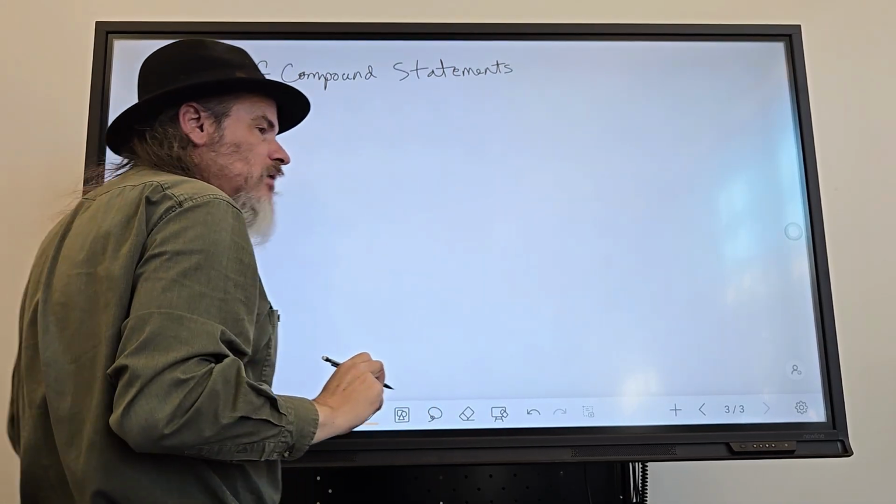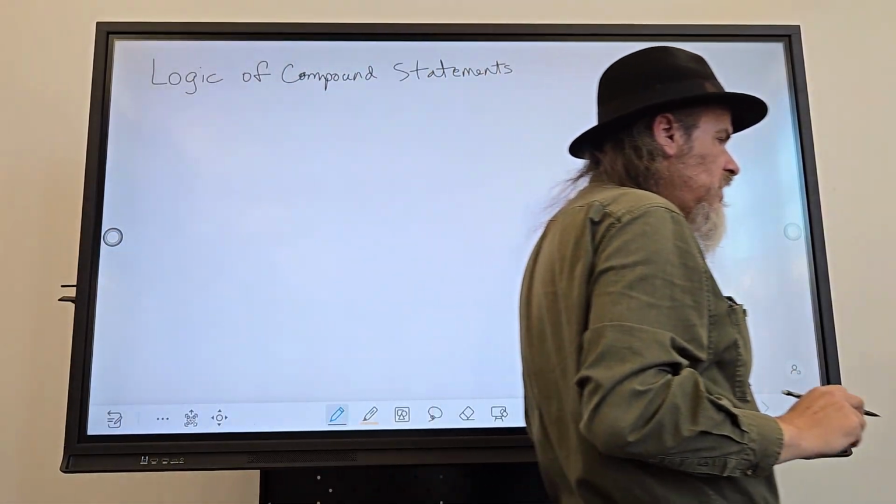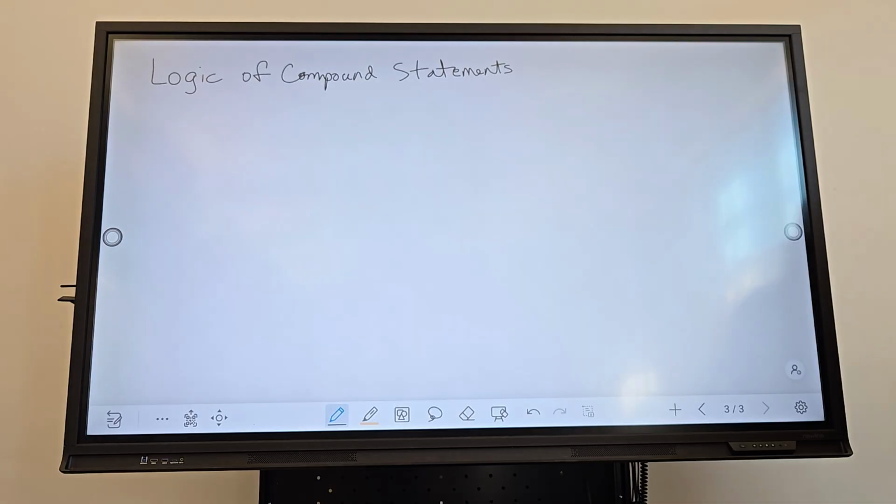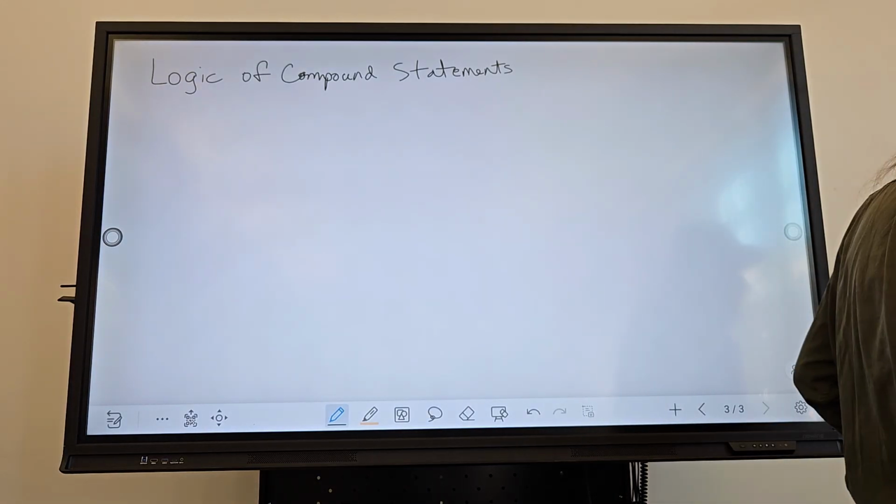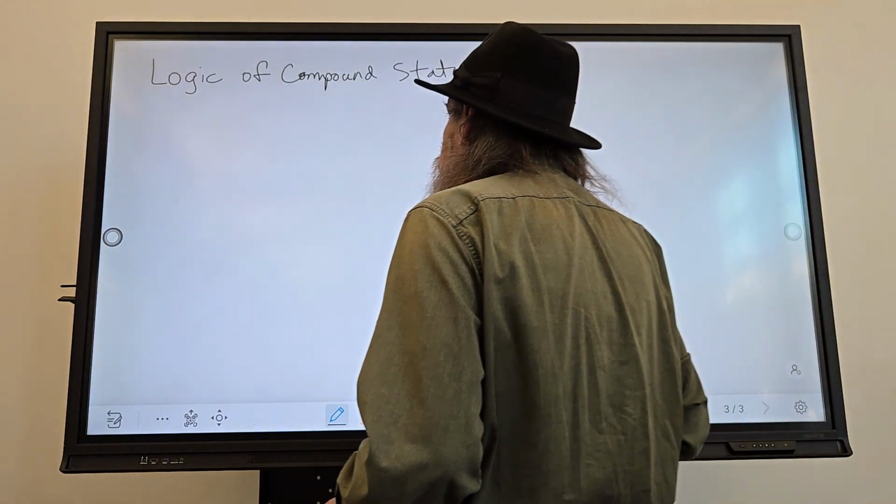The logic of compound statements. Logical form and logical equivalence.